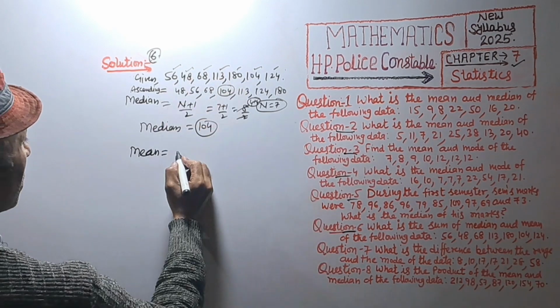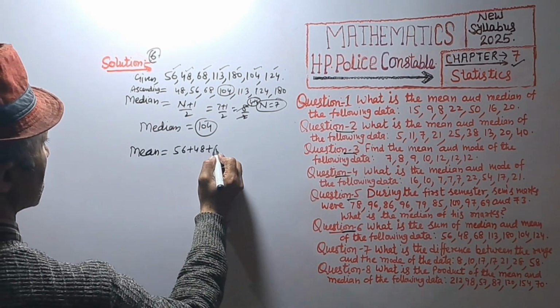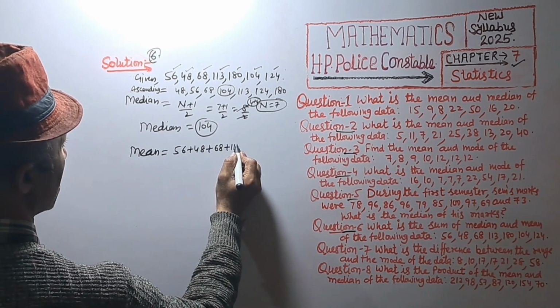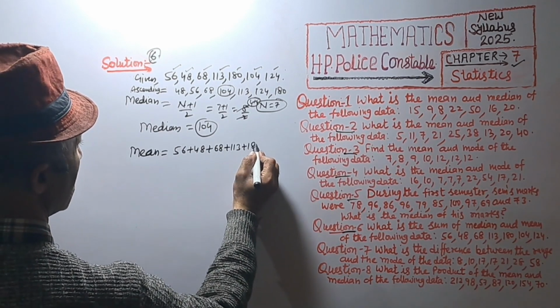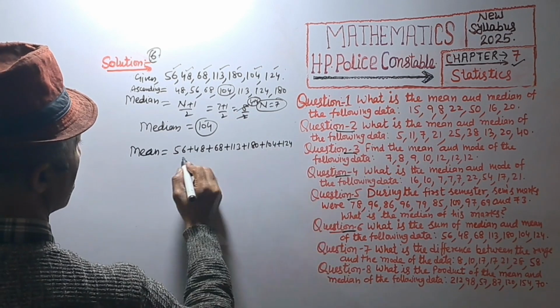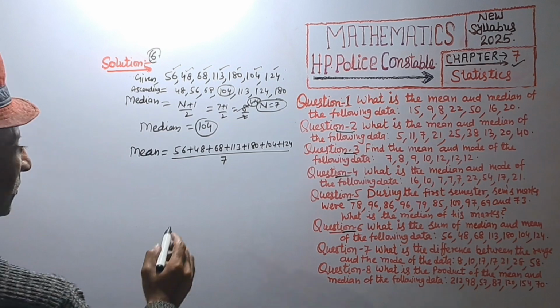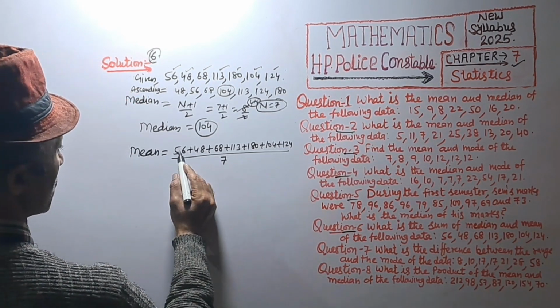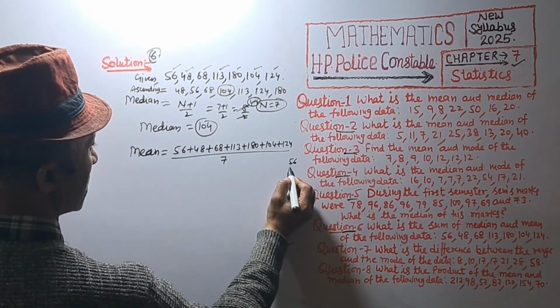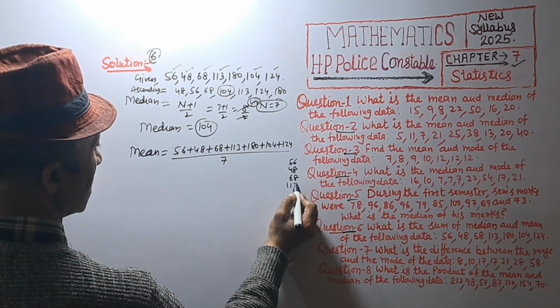Mean equal to the sum of the numbers 56 plus 48 plus 68 plus 113 plus 180 plus 104 plus 124 divided by 7. Total number is 7. So 56 plus 48 plus 68 plus 113.